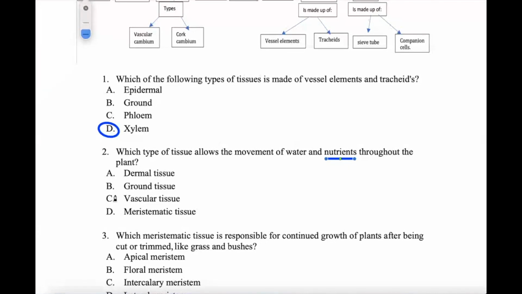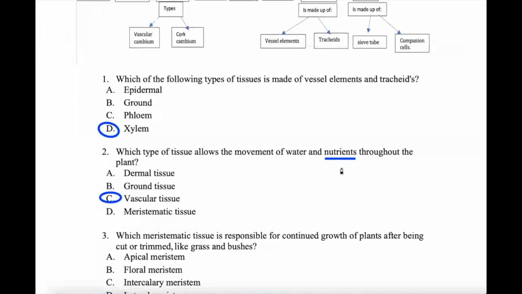Ground? No, not for this question. Like I ask you, the type of the vascular tissue which helps in the transport of nutrients.